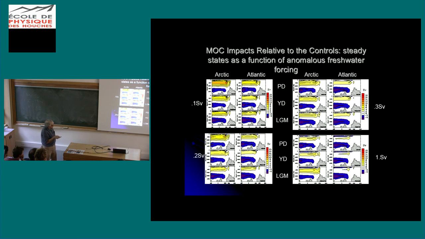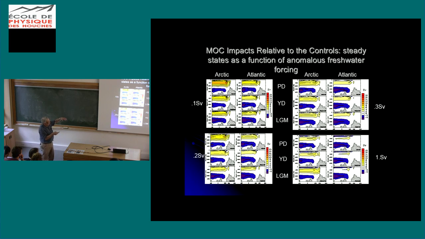And these are earlier results of my own, which have not been published, but basically they describe what happens to the overturning circulation, either in the Arctic or the Atlantic, when you add one sverdrup in this frame of freshwater forcing, right, either over the Arctic Ocean, typically in the Canada Basin, or over the Atlantic Ocean between 50 and 65 or 70 degrees north.